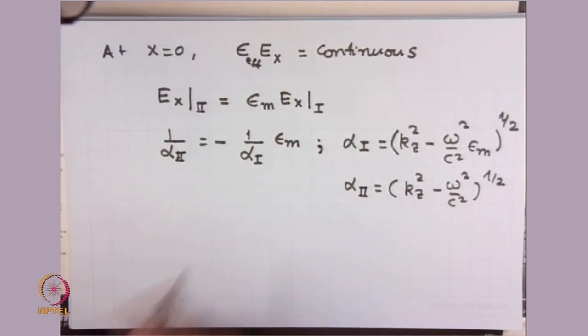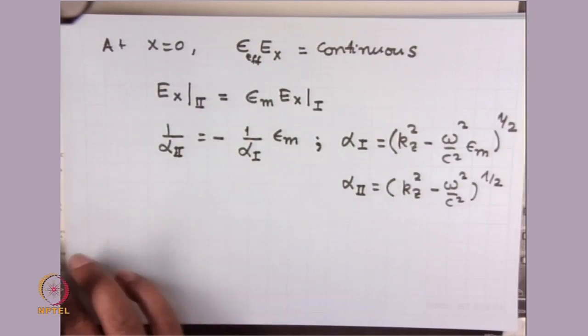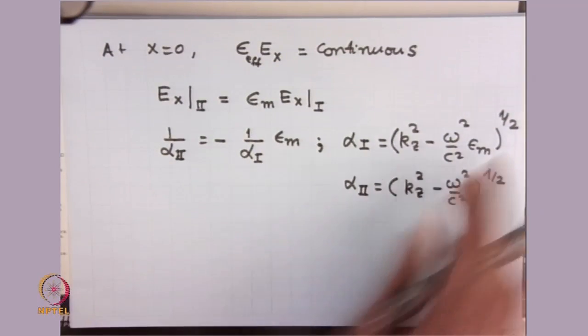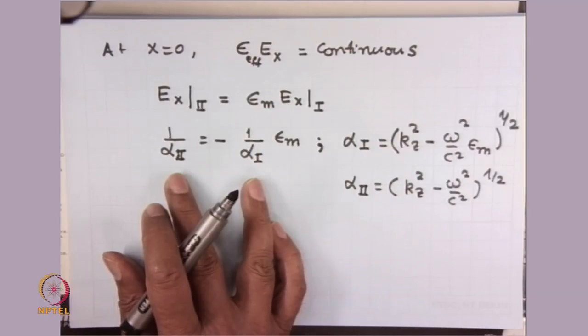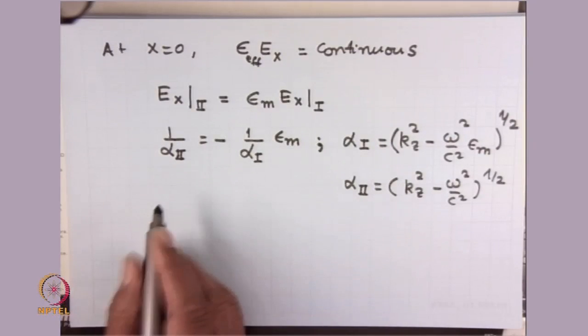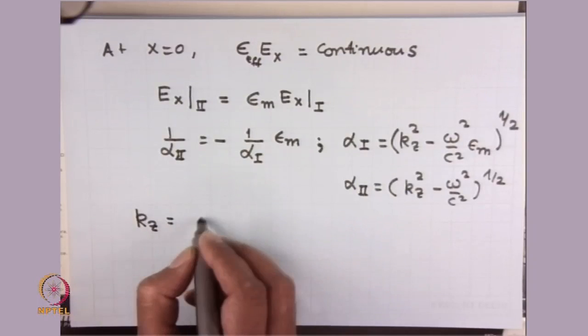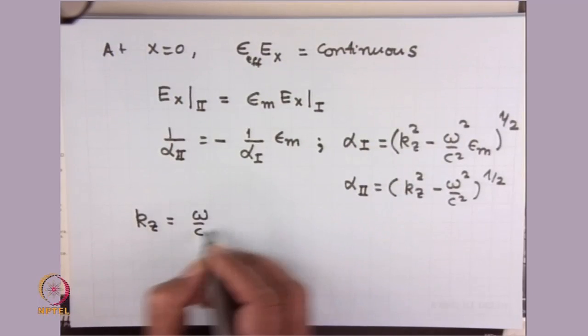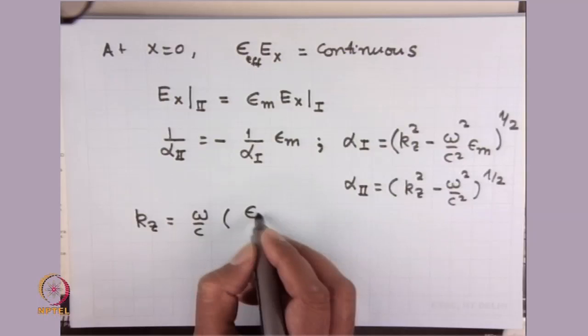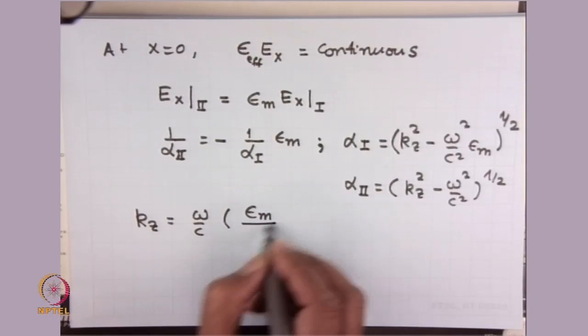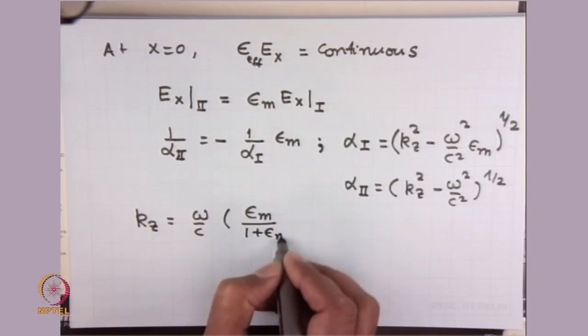Recognizing this, we square both sides so that the under root signs are removed, and this equation can be solved, and this gives you kz is equal to omega by c into epsilon m upon 1 plus epsilon m to the power half.